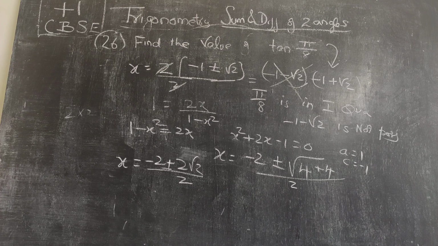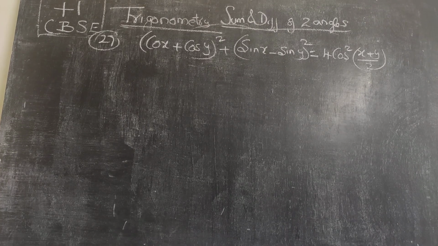You have two values. Pi by 8 is in the first quadrant and everything is positive, therefore it cannot be negative. So the only value for tan pi by 8 is root 2 minus 1. That is 1.414 minus 1, that is 0.414. You can leave it as root 2 minus 1 also. Now I go for question number 27.